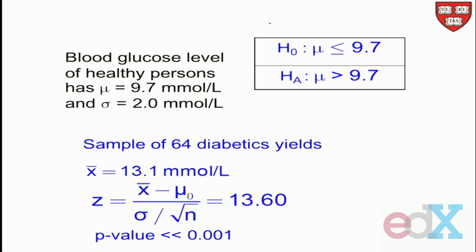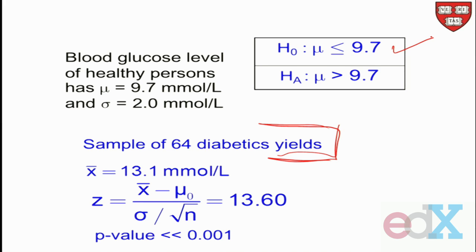Here's another example. This time we might be looking at blood glucose level of healthy persons. And if we look at a sample of 64 diabetics, then we know that we are interested in one-sided. Whether it's less than or equal to 9.7, we'll be perfectly happy.